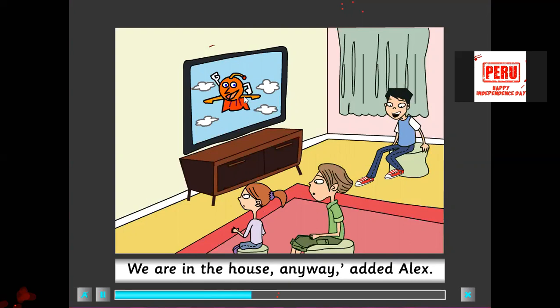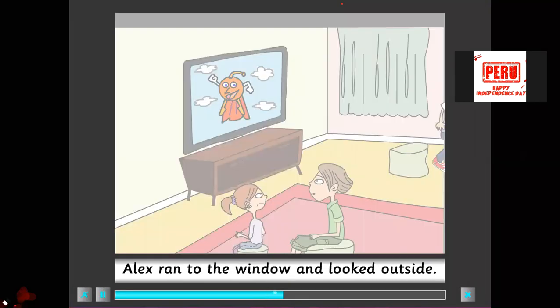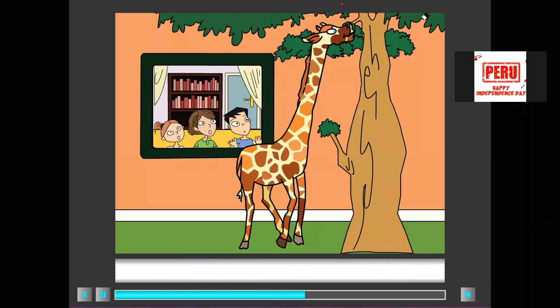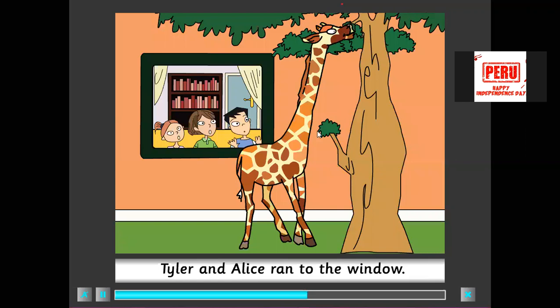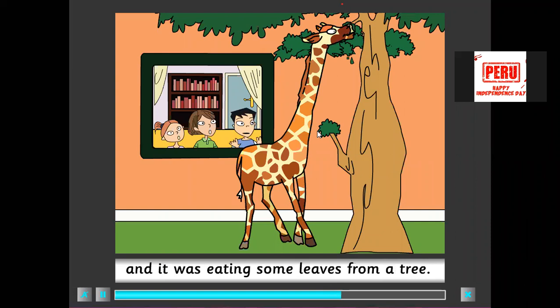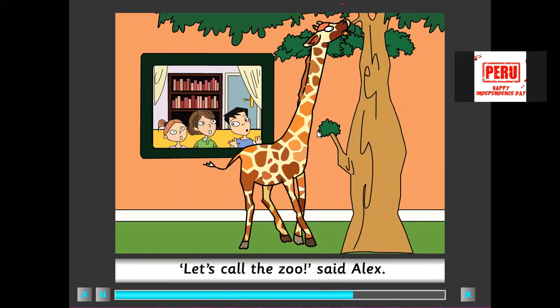Suddenly, they heard a noise from the garden. What was that? asked Alice. Alex ran to the window and looked outside. I don't believe it, he shouted. Tyler and Alice ran to the window. They were very surprised. The giraffe, said Tyler. It was standing in the garden and it was eating some leaves from a tree. Let's call the zoo, said Alex.